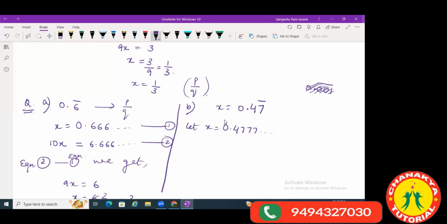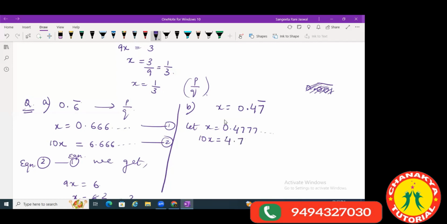So either we can multiply with 100 directly, or let's do it with 10 first. You'll understand with 10. Or I can directly multiply this with 100 also. Let's do it with 10, then again we'll multiply with 10, just to make you understand. So when I multiply this with 10, what do I get? The decimal point will be shifted one place.